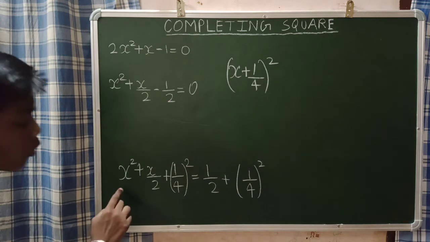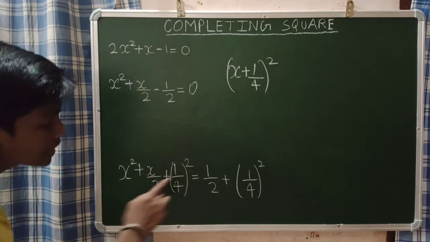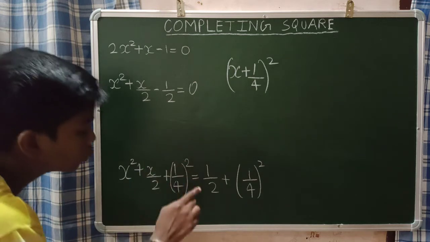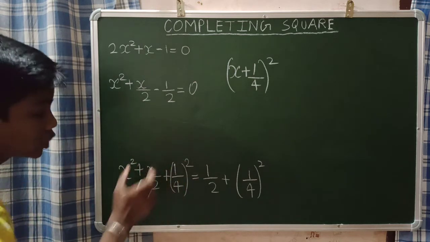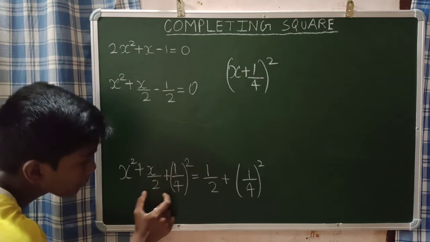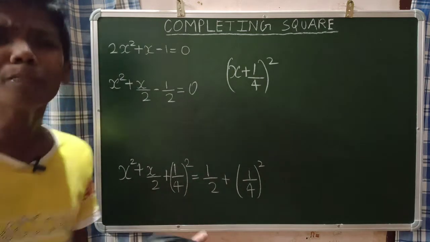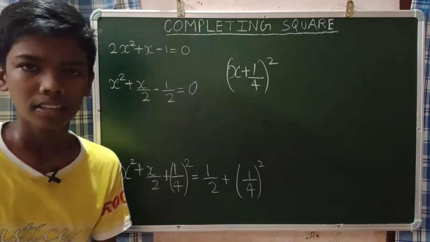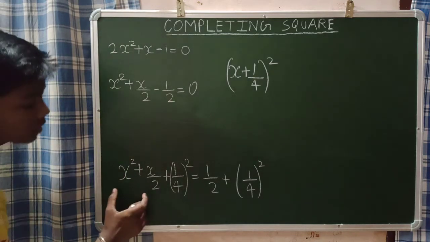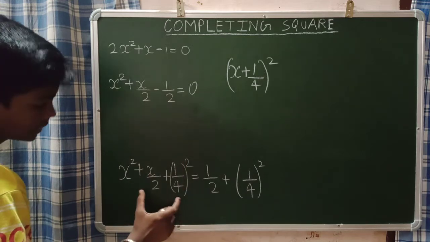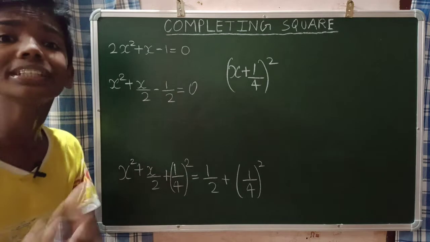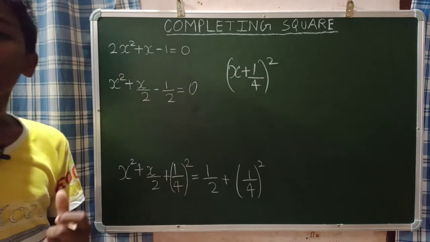Because 2ab is only x by 2. x into 1 by 4 into 2 will be your x by 2, and that's why I am saying your 2ab is x by 2. a square plus 2ab plus b square. These are the simple things. So I wrote this particular expression as (x plus 1 by 4) whole square using the (a plus b) whole square identity.